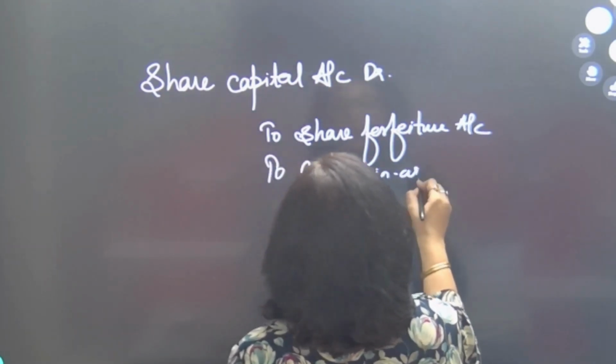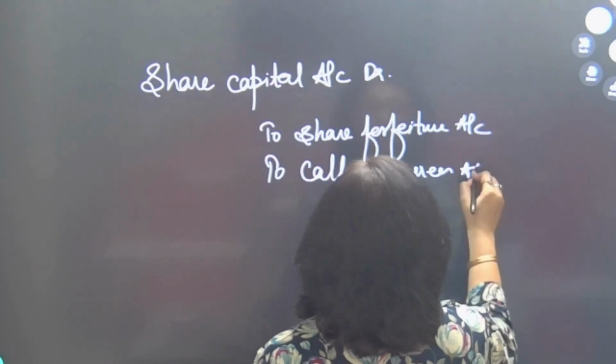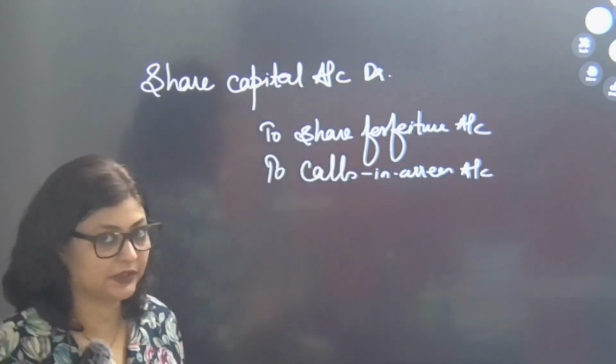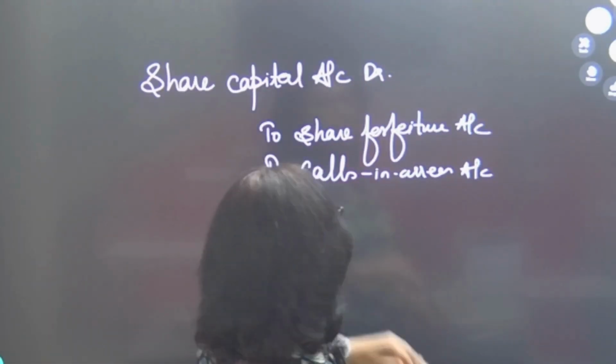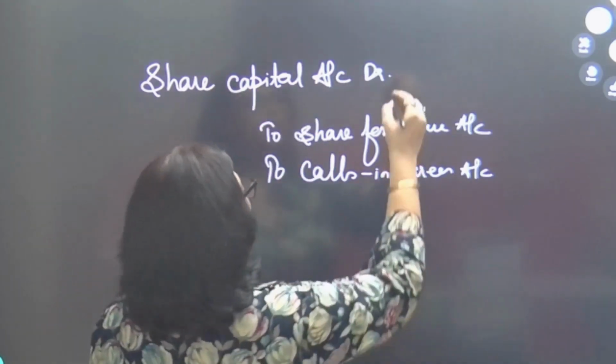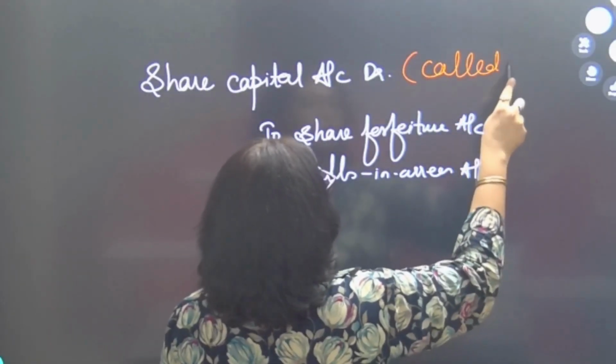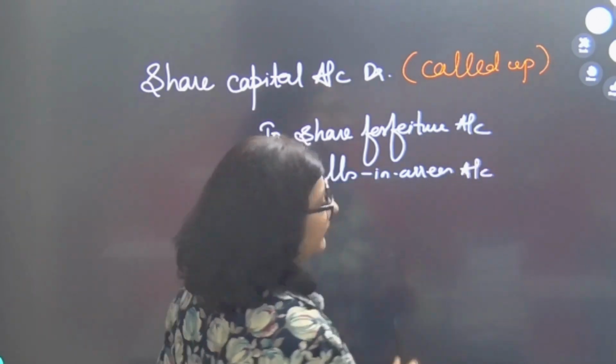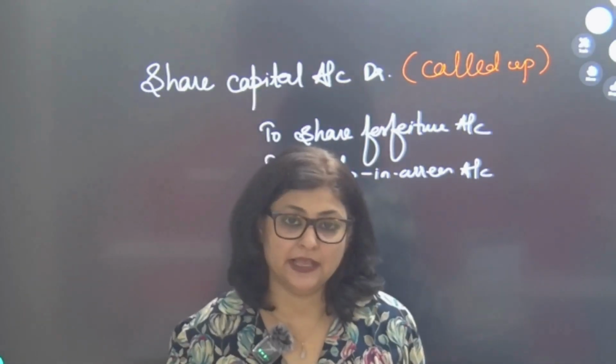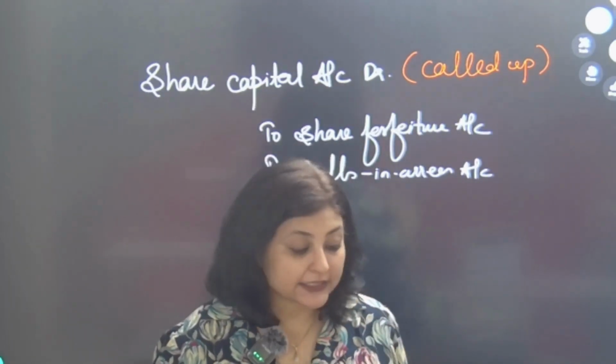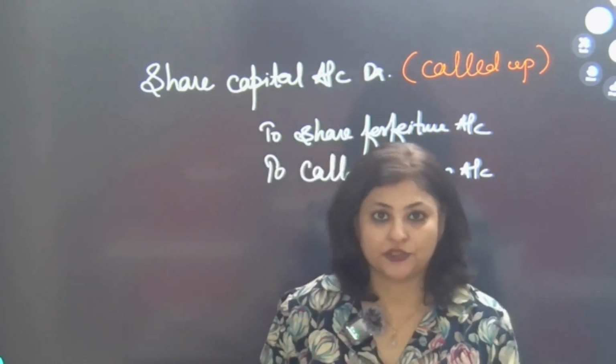Now understand what are these amounts with which we are going to debit or credit these entries. So first thing, share capital account. It will be debited with called up value. What is the meaning of called up value? Called up value means there is a possibility that company has forfeited the shares just after the allotment money.